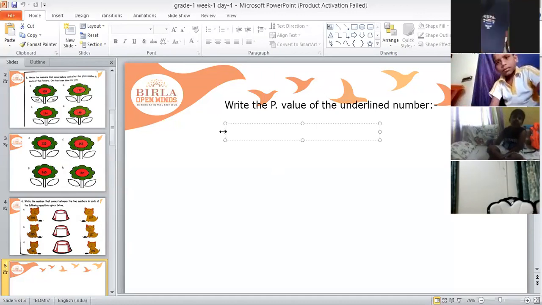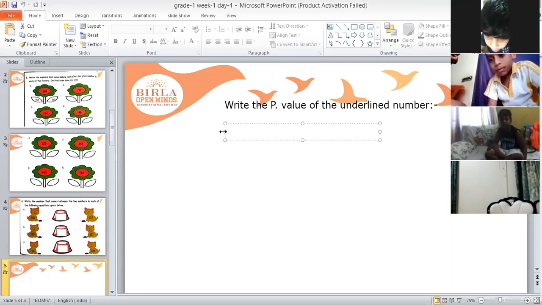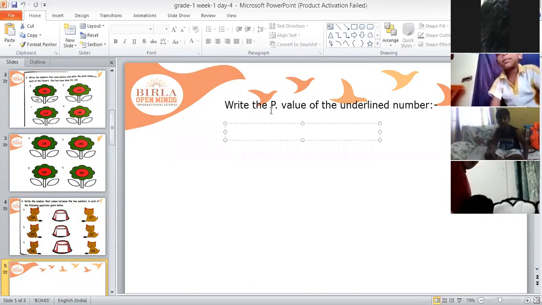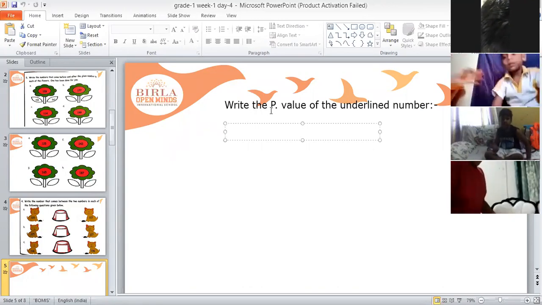Okay, children, write this question. After writing date and classwork, you have to leave one line and then write this question. Is there anyone who has any doubt what this P stands for? This P stands for place. Again, I'll repeat the spelling of place.